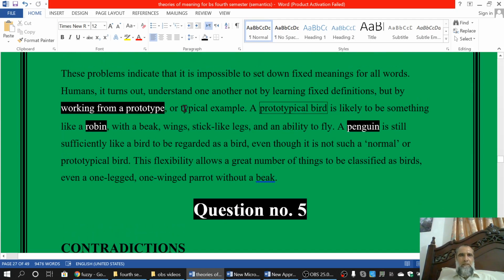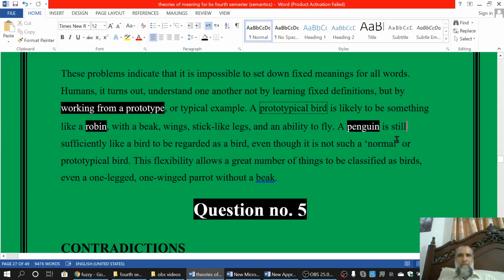Humans, it turns out, understand one another not by learning fixed definitions. Human beings एक दूसरे को समझते हैं, ये fixed definition की वजह से नहीं है, but by working from a prototype or typical example. A prototypical bird is likely to be something like a robin, with a beak, wings, stick-like legs and an ability to fly.